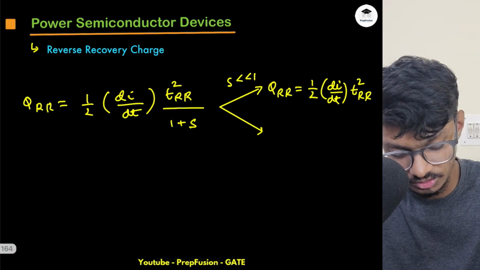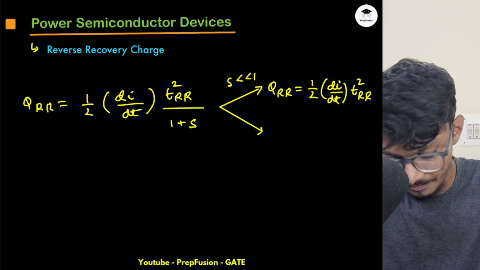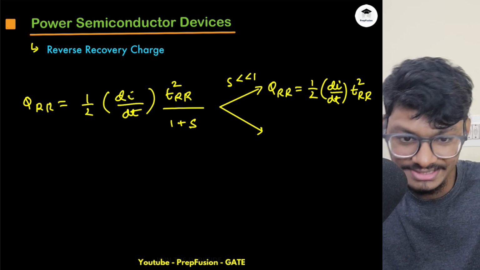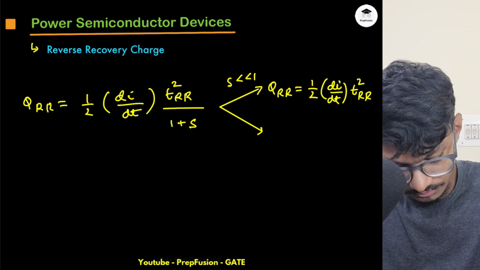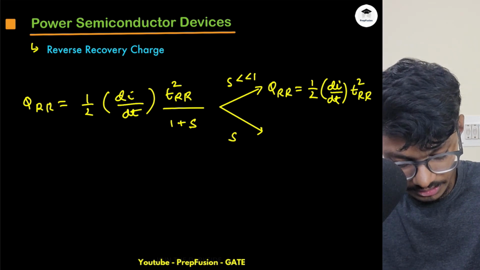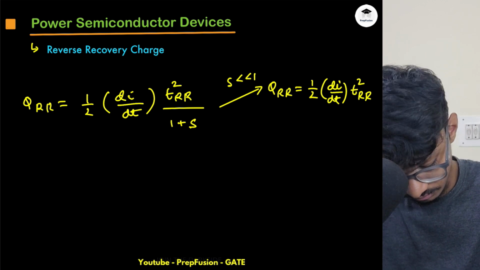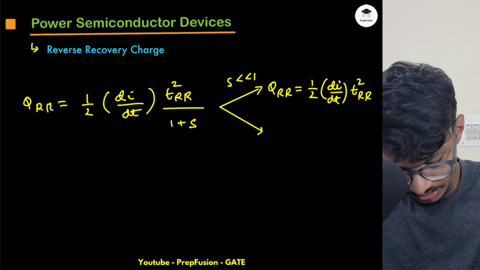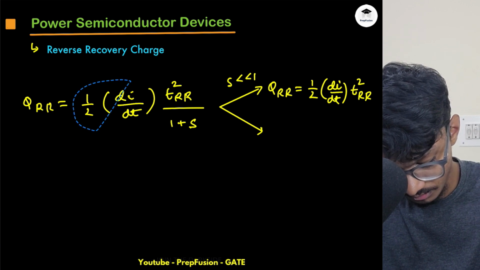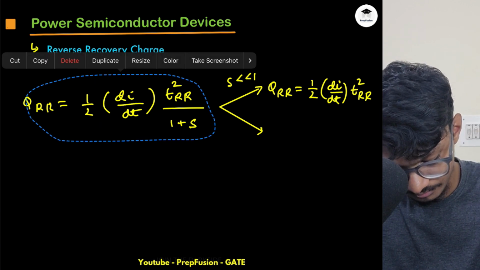That's why this is very low softness. Now, if S is normal, if S is in the order of 1 and I cannot neglect S, it will be the same equation, and QRR will be the same.